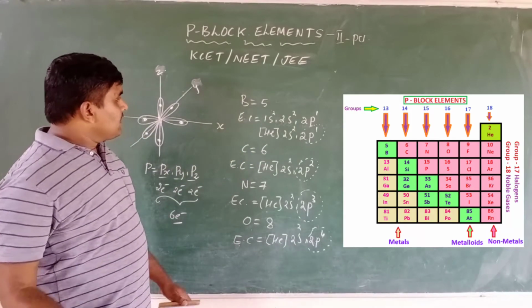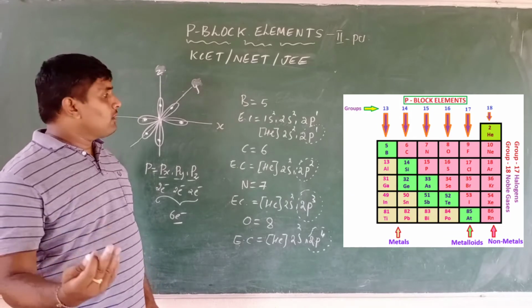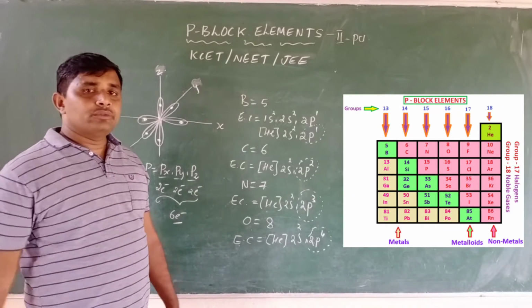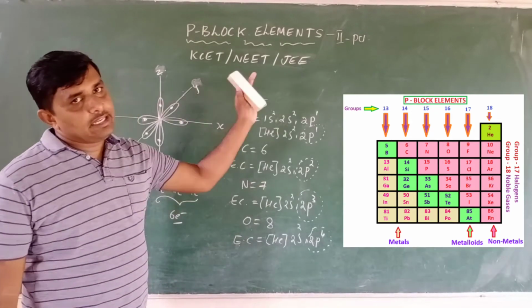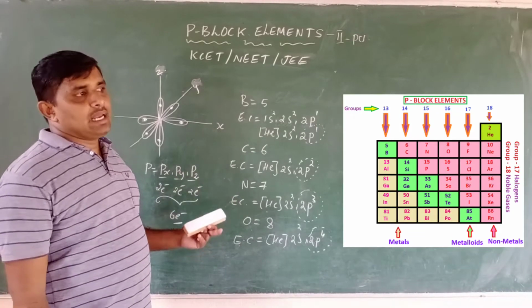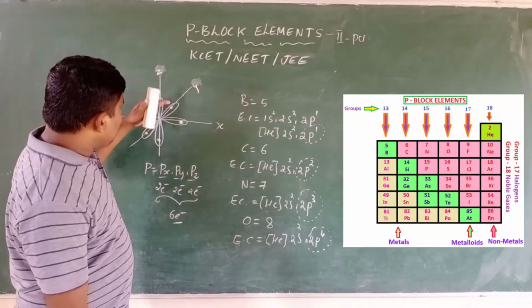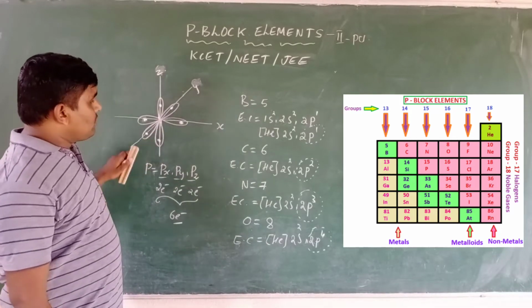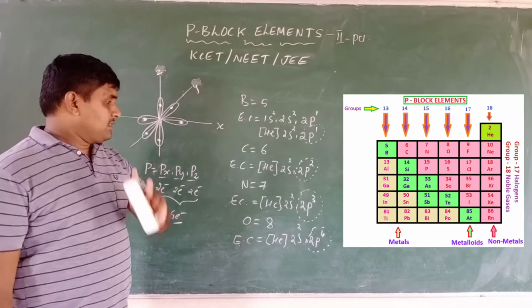Okay, dear students, now we will go for the P block elements from group 13 to 18. Till now we have discussed how the elements are classified based on the number of electrons entering into the 3 orbitals, in which each orbital occupies 2 electrons, right?